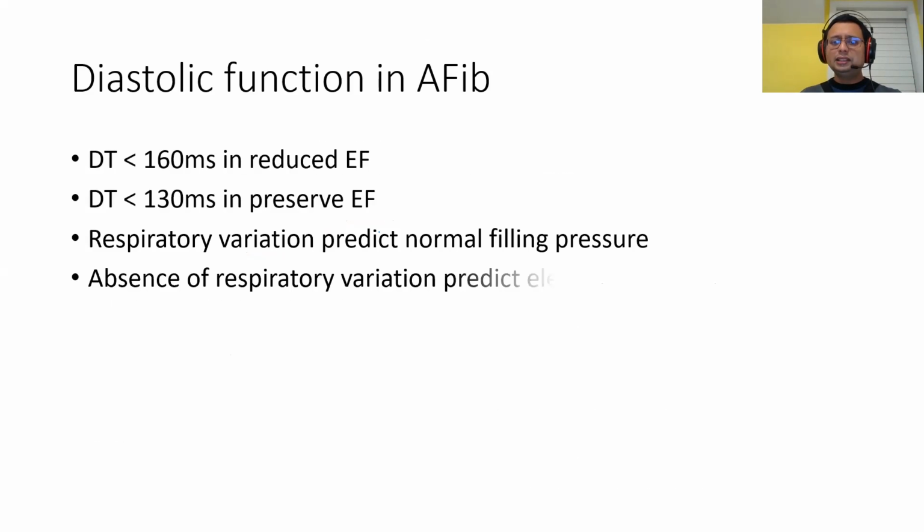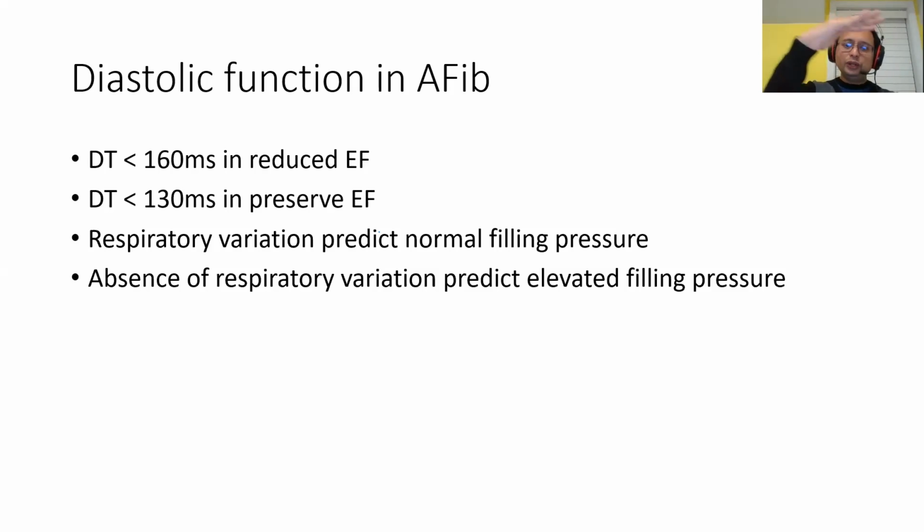Another thing that is special with AF, if you do a very slow sweep speed so that you can see a lot of cycles in patient with atrial fibrillation, if you do E over A, you look at variation, whether it varies with respiration. If it varies with respiration, it actually predicts a normal filling pressure in patient with atrial fibrillation, as opposed to if you do a slow sweep speed and you see no variation in the E over A.